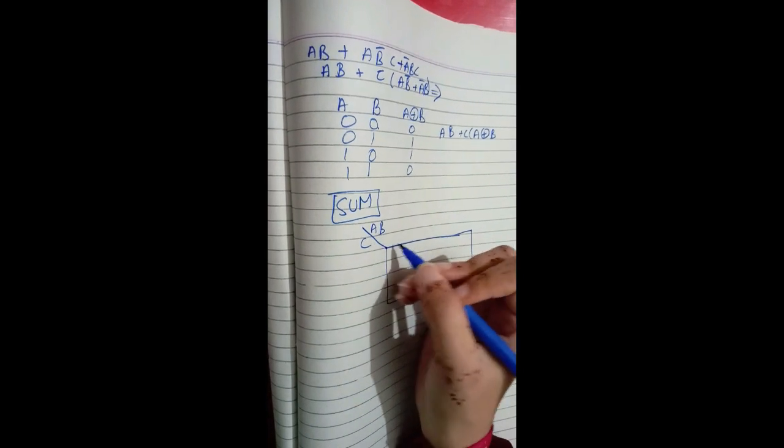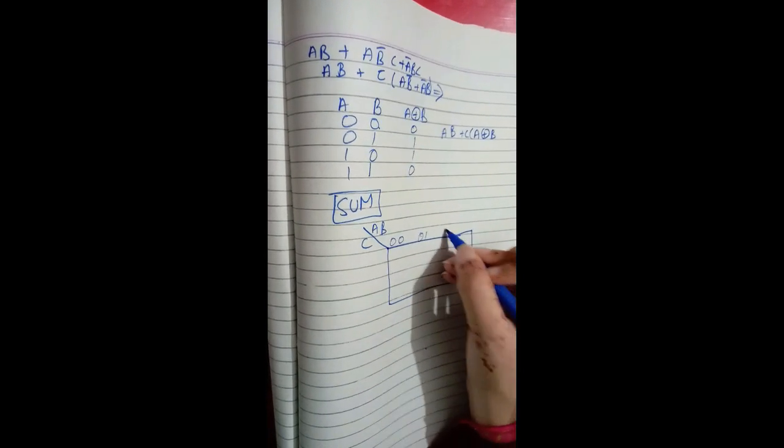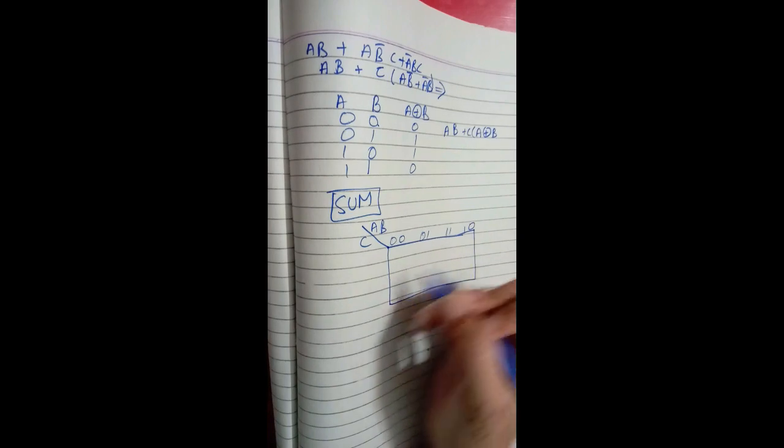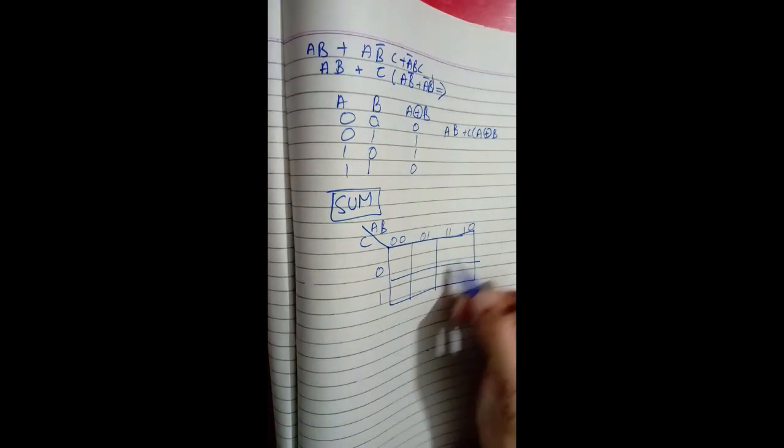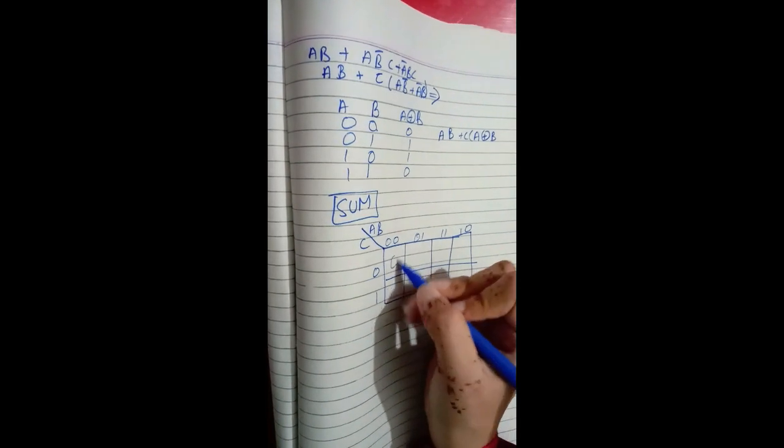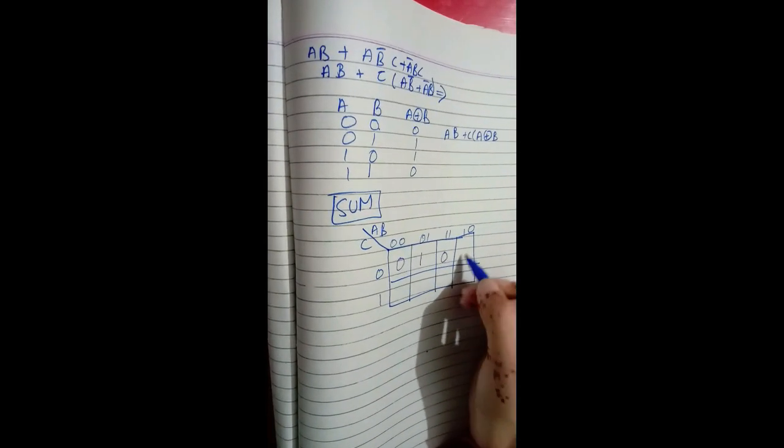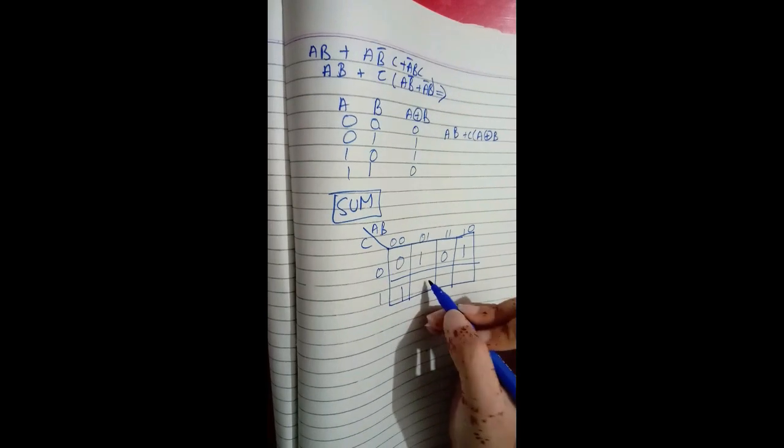So 3 inputs A, B, C, 0 0 0 1 1 1 and 1 0. For C we have 0 and 1. The results we have from the table are these.